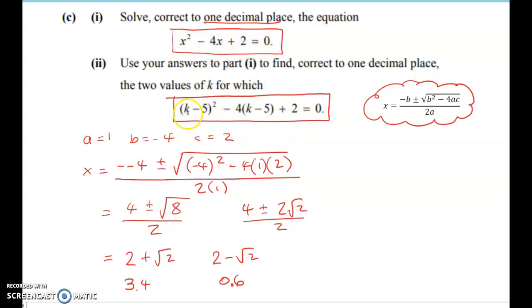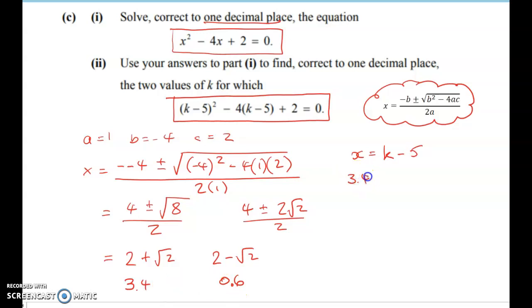Instead of x, they've got k minus 5. So the whole idea is you need to realize there's a connection between what's in those brackets and the previous letter used. So x equals k minus 5. But we know what x is. x is either 3.4 or 0.6.